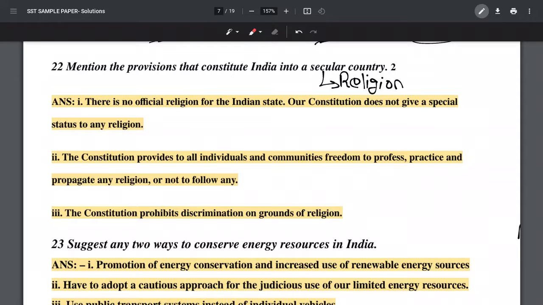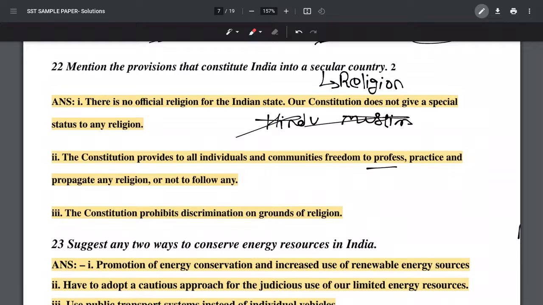And the Constitution also did not give any specific advantage. It's not like if you're a Hindu you will have more features, or if you are a Muslim you will get fewer. Nothing happened like that. That is why India is secular. Secondly, our Indian Constitution provides all individuals and communities freedom to profess, practice, propagate any religion, or not to follow any.